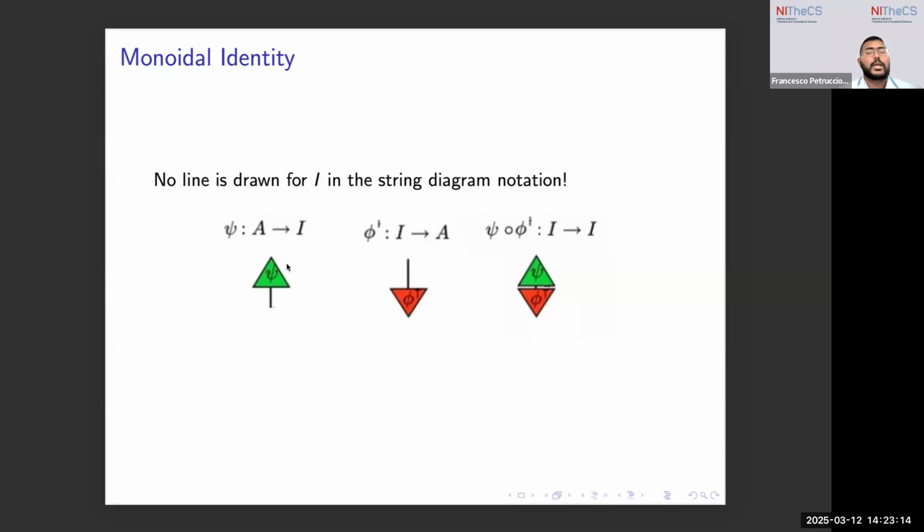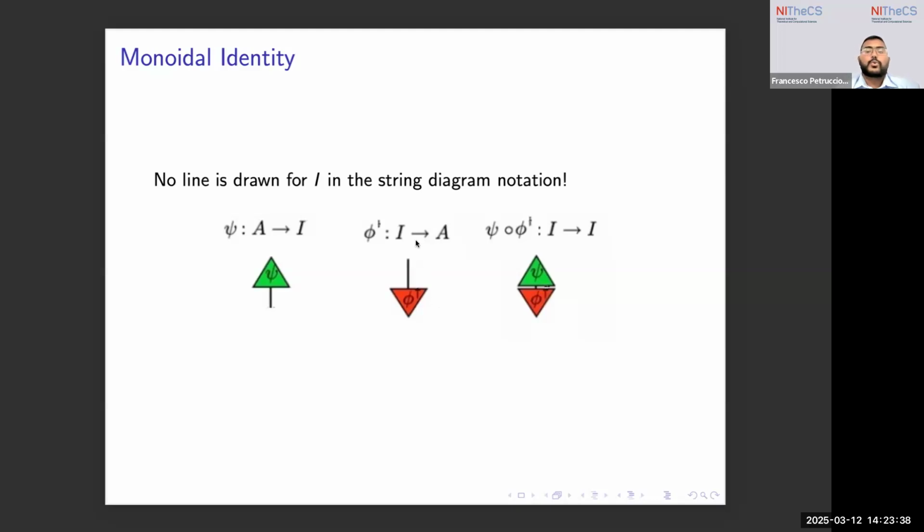So these will be elements in your dual Hilbert space, or the effects of the quantum system. And the motivation for drawing it in this way is if you rotate these pictures 90 degrees clockwise, you'll notice that it looks like the Dirac bra-ket notation.